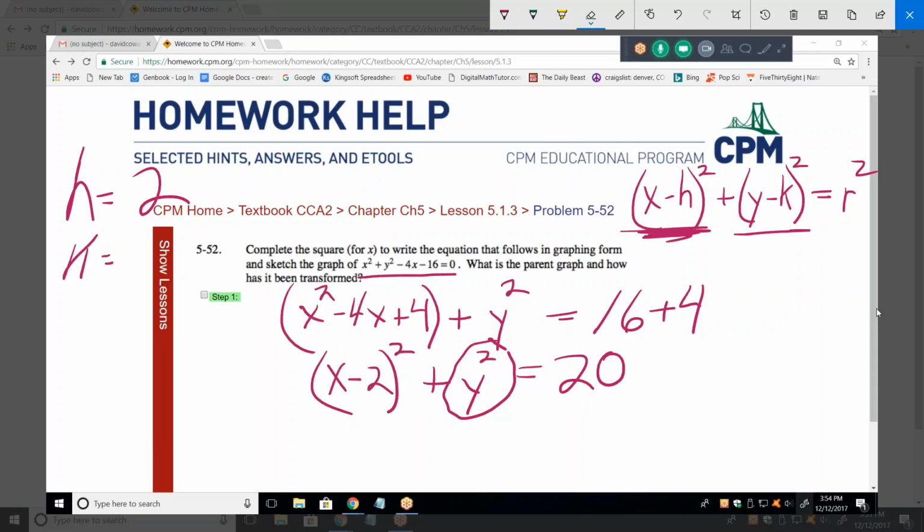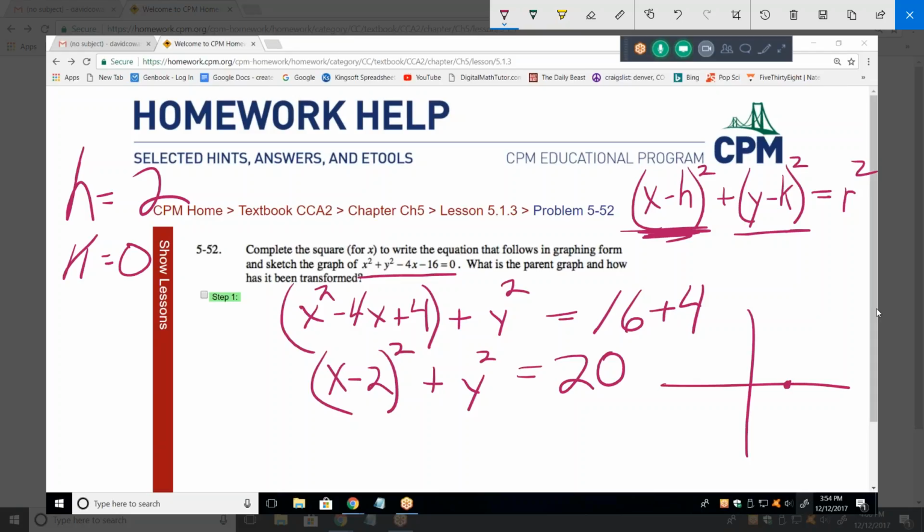It's already in its final format, pretty much. Now, I got everything I need. So k is 0. Where's the center of the circle? At 2 and 0. Right there.